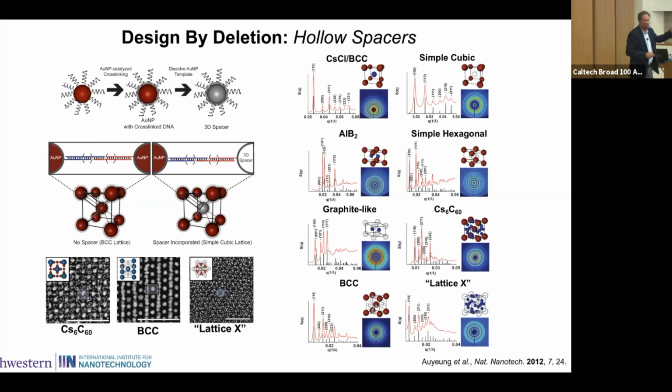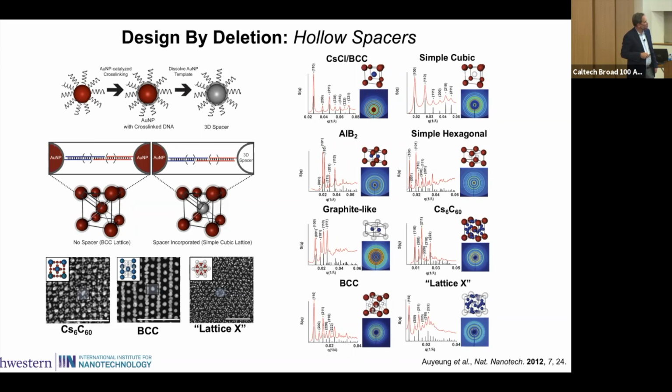Well, that's kind of simple, right? But what about AlB2? If I replace the small guys, the B, the two small ones, with hollow, this becomes simple hexagonal. If I replace the big guys with hollow, this becomes graphite-like. Cesium 6 C60, that's, remember, 1 big and 6 small.